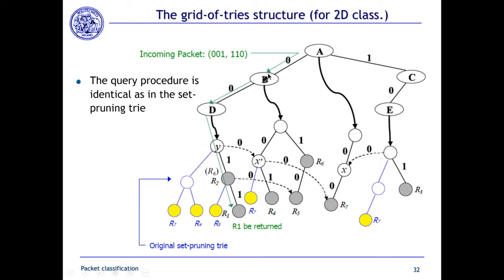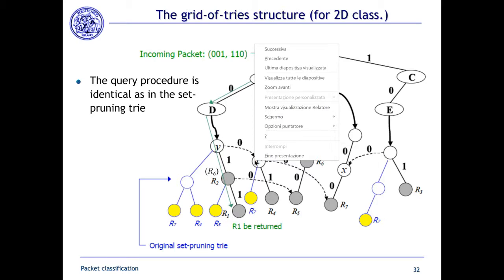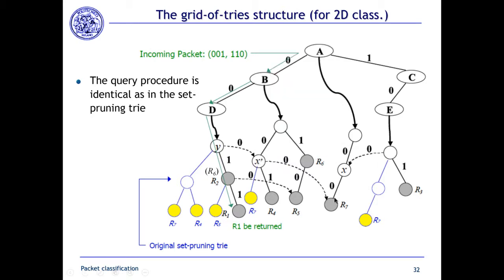So you go to D, moving with the first field 0, 0, 1, and then when you are in D, you jump to this node Y, and if you have a 0, you go to this node X prime. If you have another 0, you move to this node, which is R7, and you find R7. So in the end, there is no difference in performing the classification, in terms of results and also of complexity, between the grid of tries and the set pruning trie.